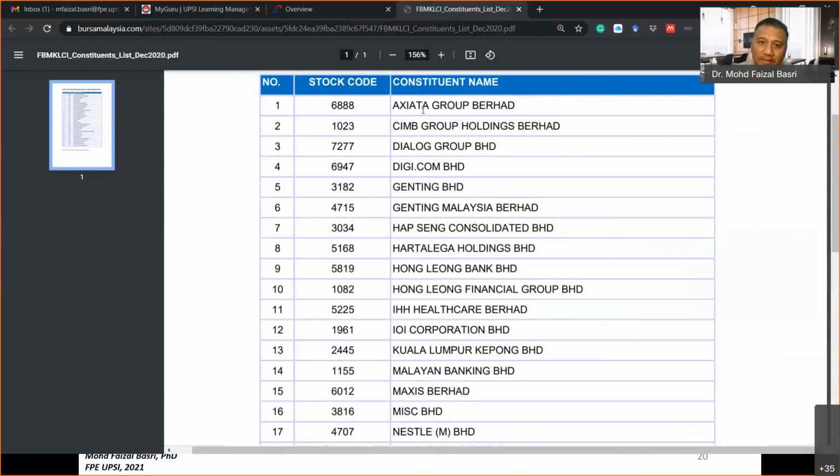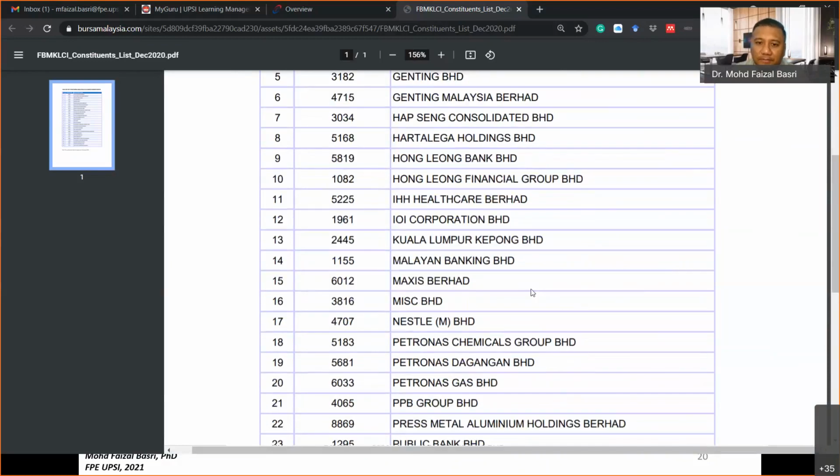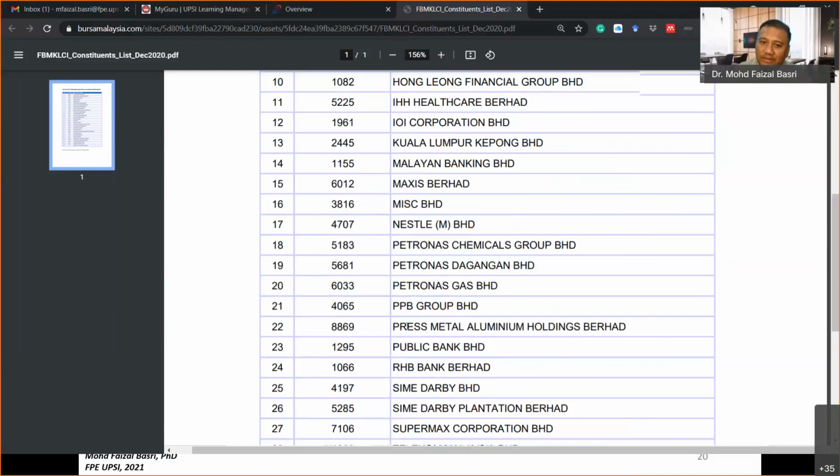We have CIMB for the financial institutions, Petronas Gas, Hong Leong Bank. Okay, Hong Leong, we have two here, Hong Leong Bank, Hong Leong Financial Group. We have KL Kepong, Maybank, Maxis, MISC for the shipping, transportation industry, Maxis, telco also. Nestle, consumer products, okay, Petronas.